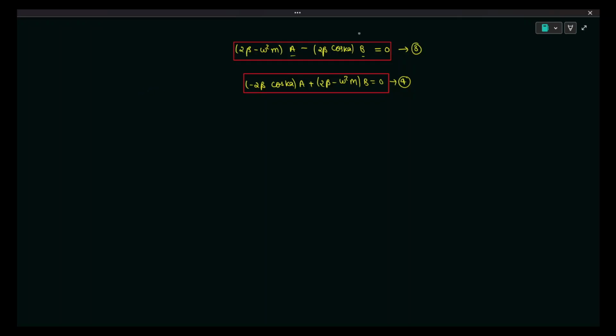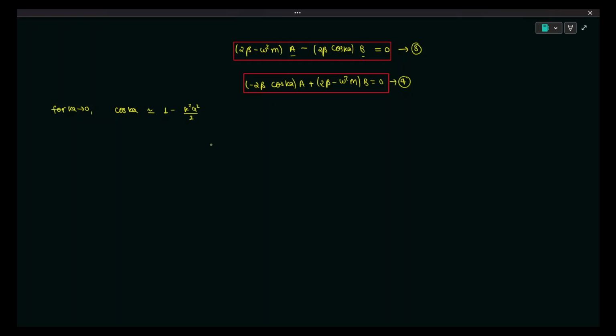For the acoustical branch, again consider equations 3 and 4. Here, the significant terms in the cos Ka expansion for Ka tending to 0 will be 1 minus k square a square divided by 2.